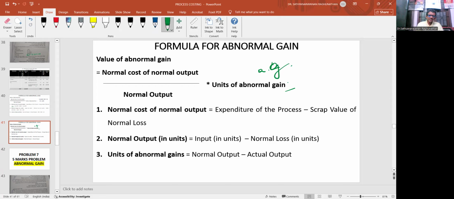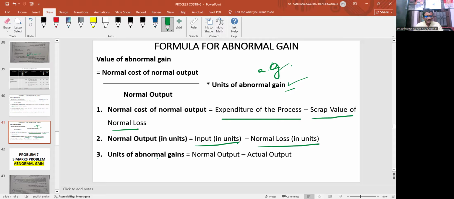That is the only slight difference; the rest of the components of the formula remain the same. Normal cost of normal output, as we have discussed earlier, is the expenditure of the process, that is the debit side of the process account, minus scrap value of normal loss.